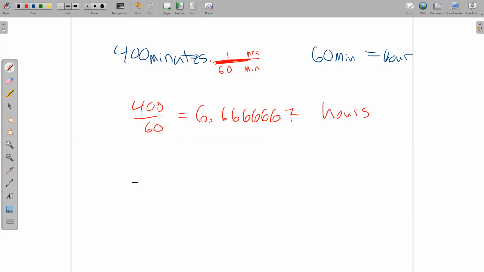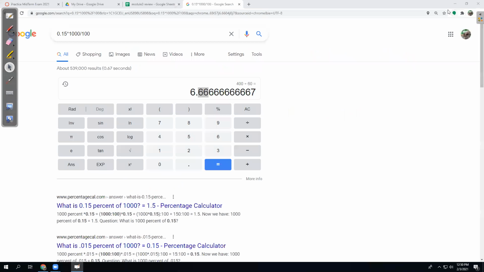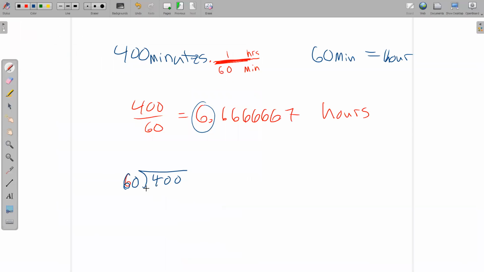The other way to do it is to actually do long division. Take 60 into 400, because then we're going to get a remainder. And let's see, 60 goes into 400. Well, up here it says 6 times. What's 6 times 60? 6 times 60 is 360. So 60 goes into 400 6 times.